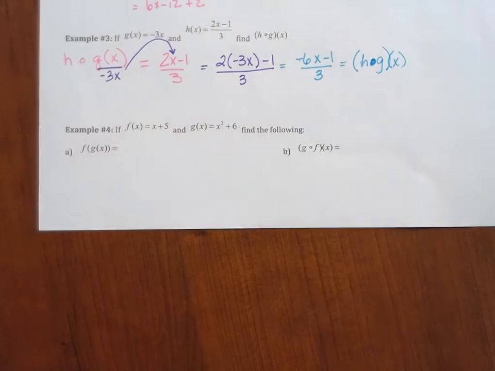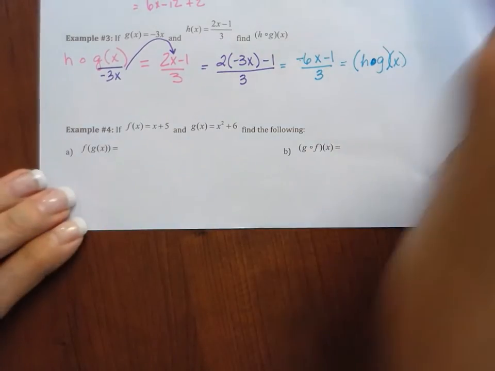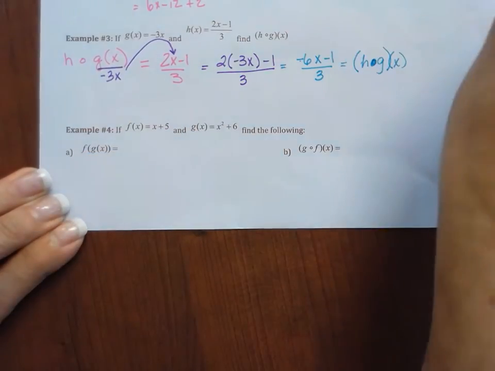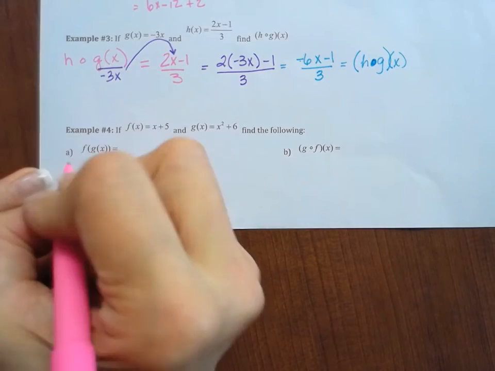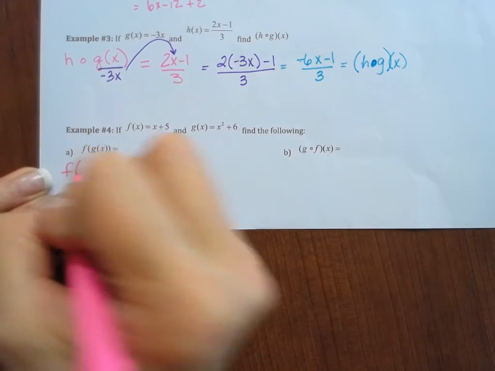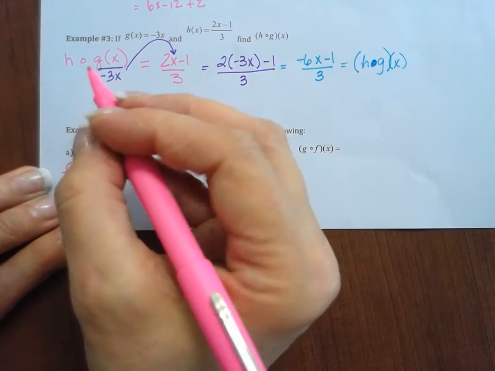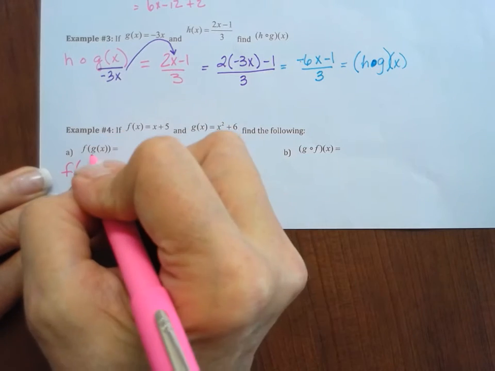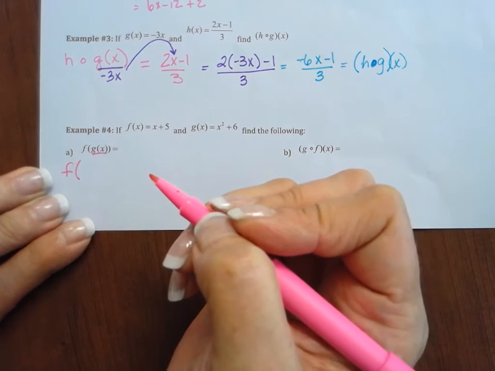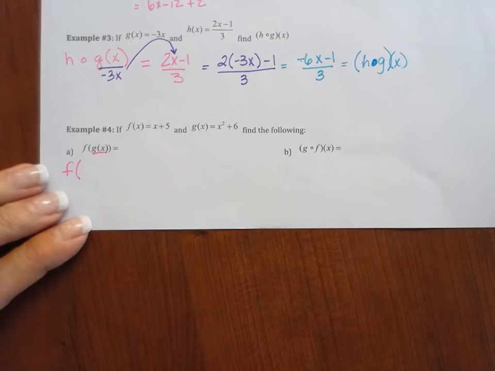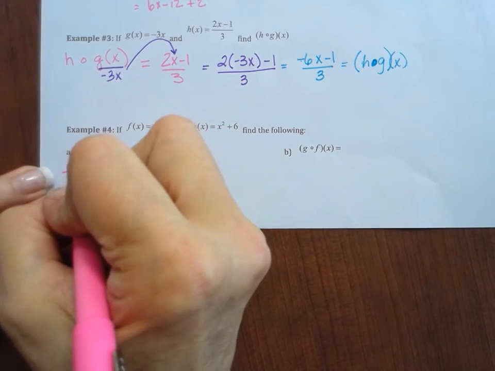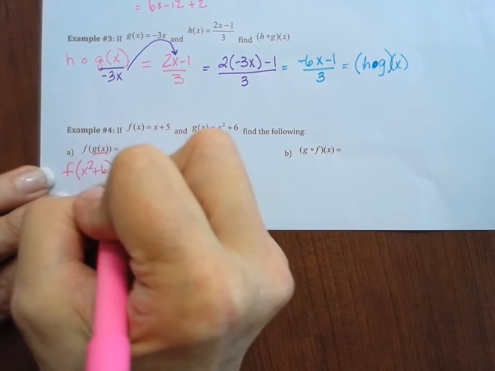I have f of g of x, so my inside function is going to be what? What's my inside function? X squared plus 6, perfect.